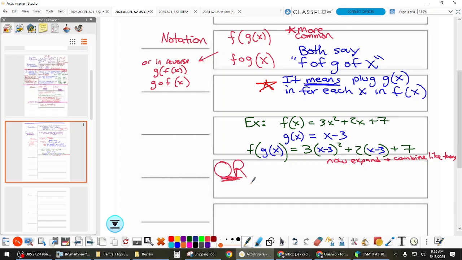Or let's do it this way. Or g of f of x. What would g of f of x be? Okay, remember you're going to write g with parentheses and plug in f, which I did not leave enough room in.